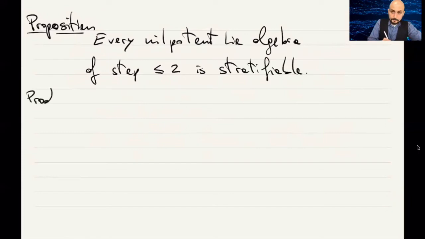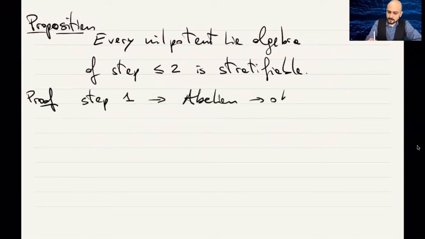Okay, let's prove it. If the step is 1, we just said it's abelian. It's okay. Let's do step 2.